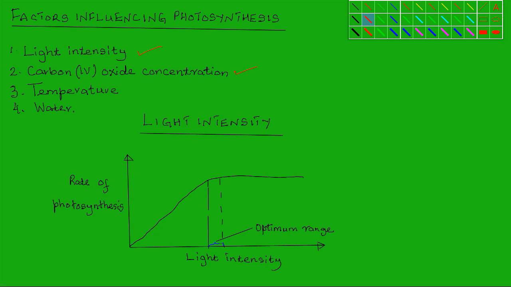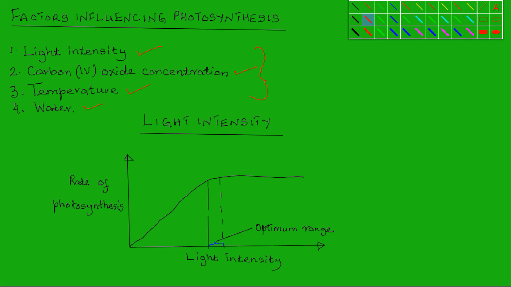In the same case, if carbon dioxide concentration is very low, then even if you have enough light intensity, the temperature is optimum, and there is water available, the rate of photosynthesis will be low.